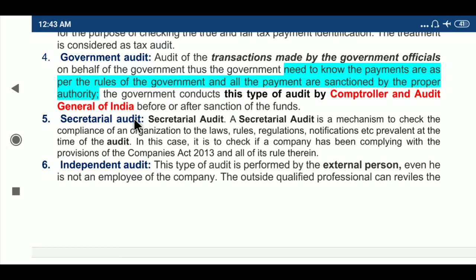So secretarial audit is ultimately about the provisions of the different laws, rules, regulations, notifications, etc. followed by the companies. So they have to check. This is the secretarial audit work.